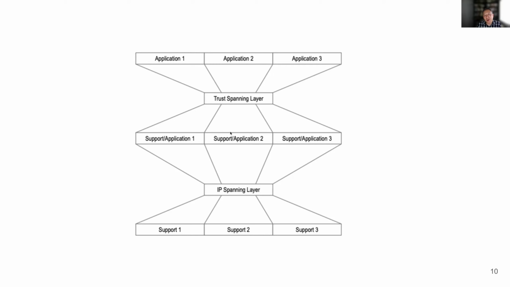Basically, we want to also provide a trust spanning layer, similar to IP as a reachability spanning layer, you can say, which is on top of the internet we have today, but also with this minimum functionality needed in order to achieve interoperability and reachability with trust, right? The new function we're adding is the trust.